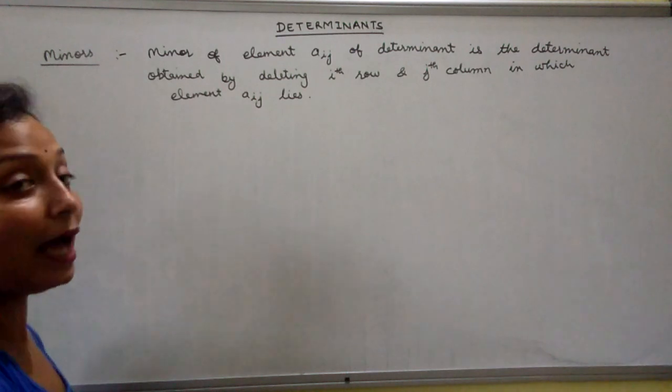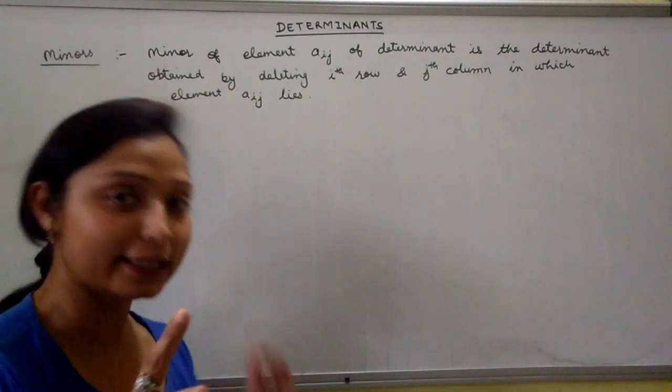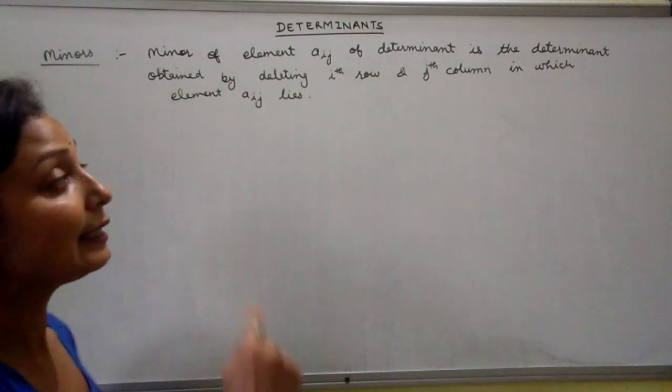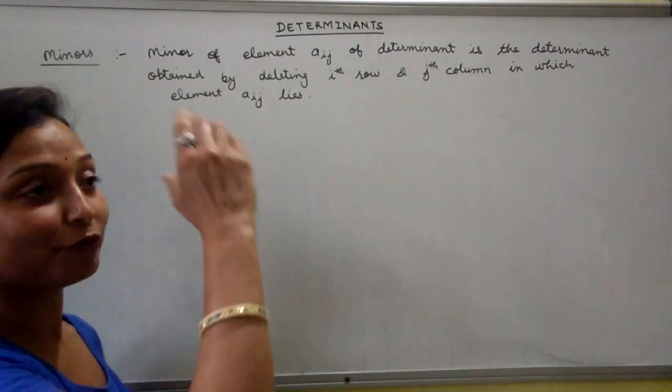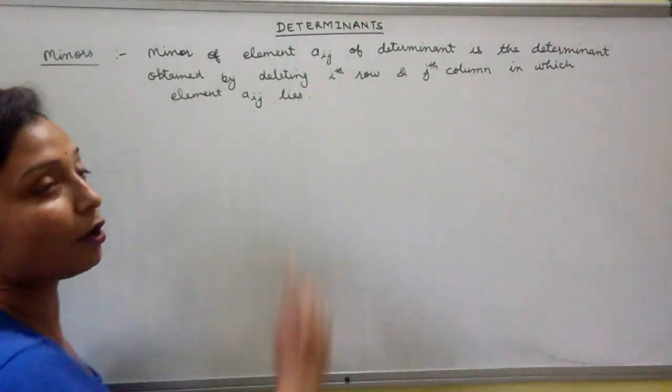Minor means we have to obtain one determinant by deleting that row, first the ith row and jth column.